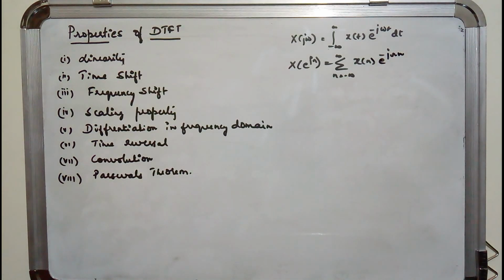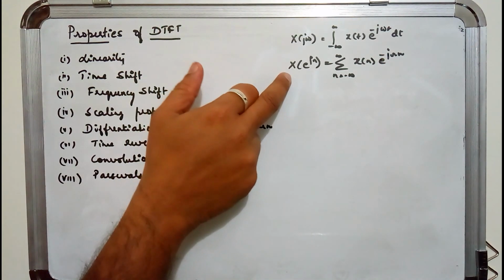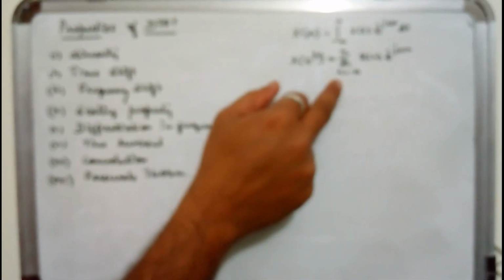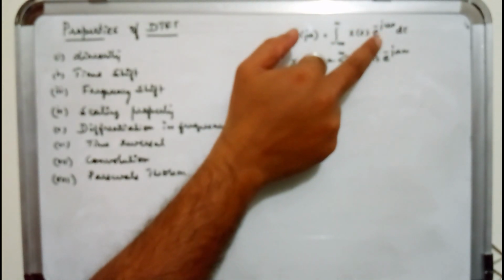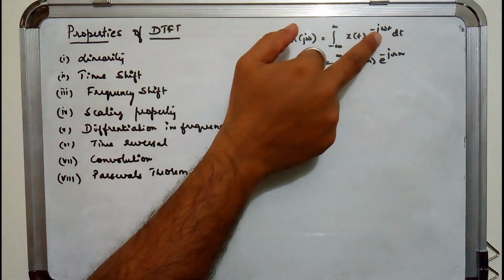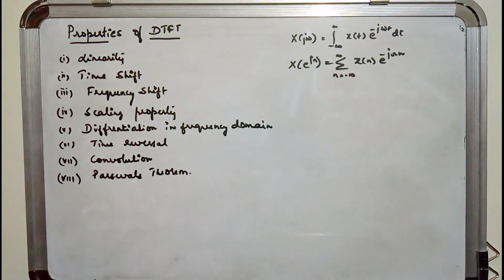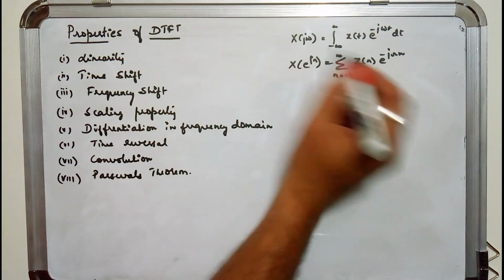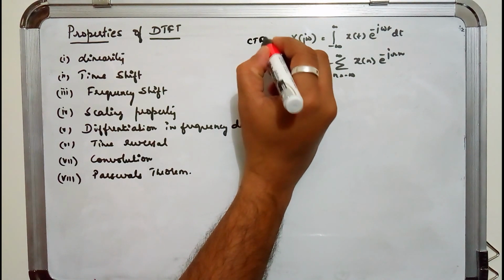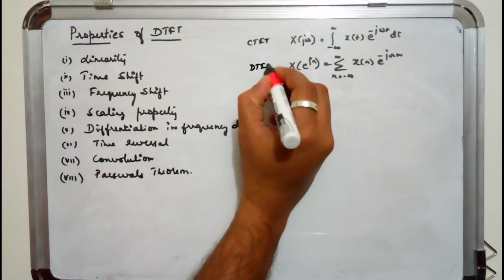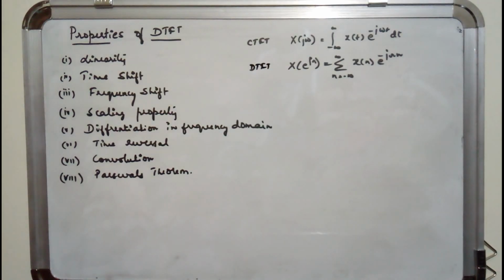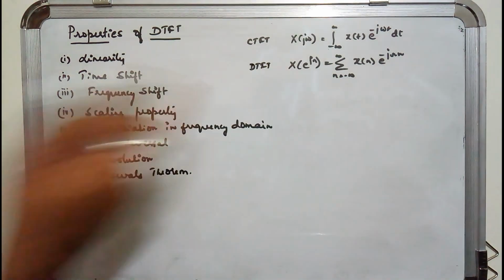Only the difference is X of j omega is replaced by X of e power j omega, integration is replaced by summation, x of t is replaced by x of n, the exponential is e power minus j omega t in case of CTFT, and in case of DTFT it is e power minus j omega n. So these are the fundamental analysis equations of CTFT and DTFT.